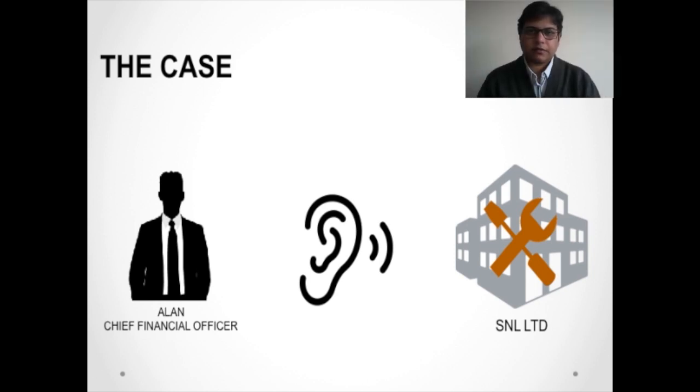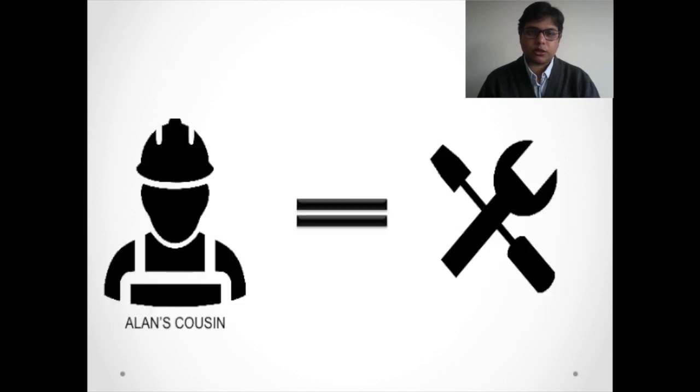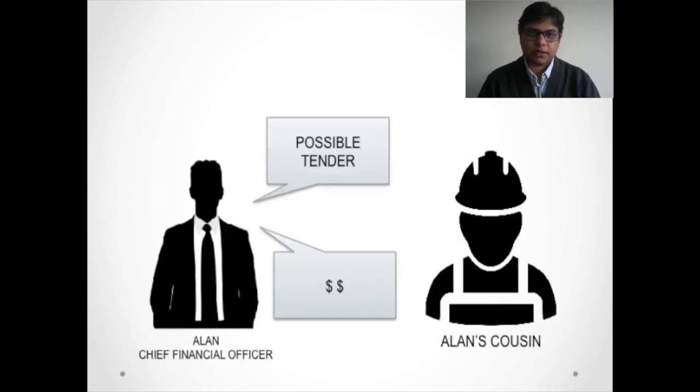Alan is the Chief Financial Officer for Saturday Night Live Limited. He has become aware that the company is seeking a tender for some major renovation work to its offices. Coincidentally, Alan's cousin is also in the renovation business, and Alan tells him of the tender sought by SNL, along with the price details that have been discussed in the company meetings.